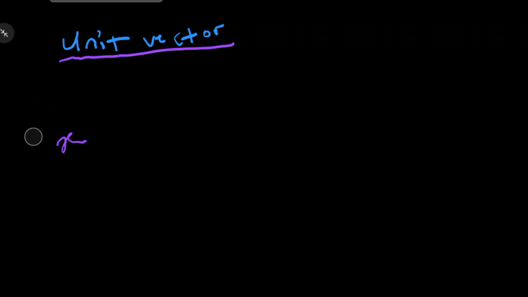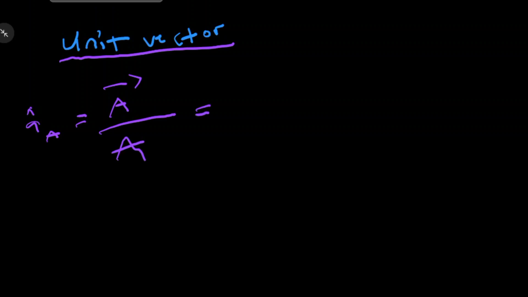So to find a unit vector, we use the formula: unit vector A equals our vector divided by the magnitude, which is A. Magnitude could also be written like this. So right now we've gotten three formulas.